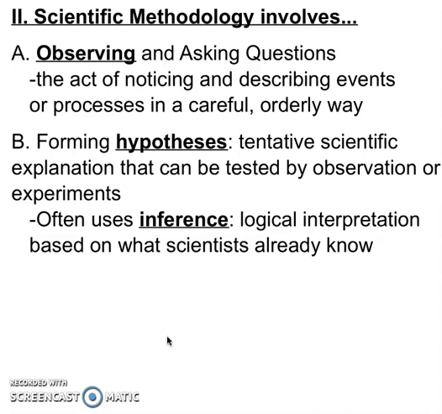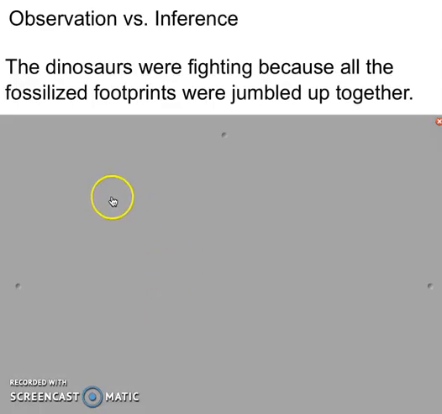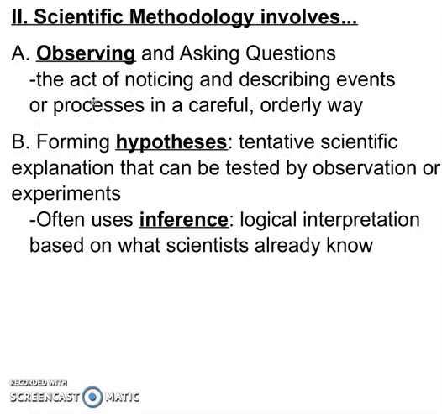Oftentimes, hypothesis and inferences kind of go hand in hand, but an inference is a logical interpretation based on what you already know. So we're going to go through examples of observation versus inference here. Observations are what you can see, what you notice with your five senses, and an inference is a logical interpretation.